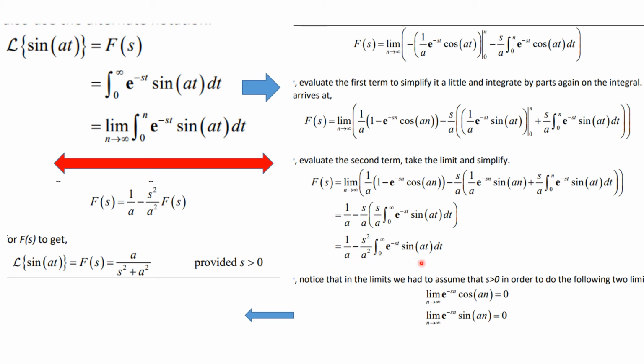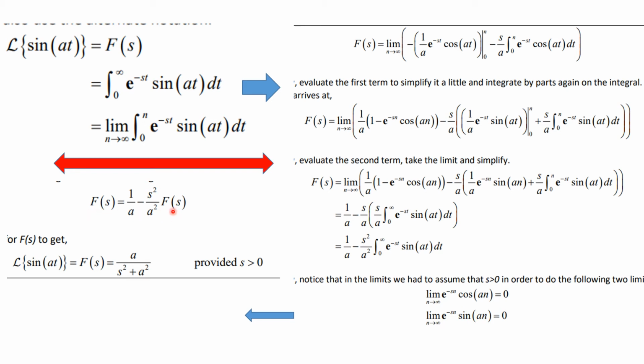So here we do some more arithmetic, and we use the fact that those were going to 0. So now we go over it this way, and we realize that f of s is equal to 1 over a minus s squared over a squared times, again, f of s. And this is a harbinger of the way that we're going to do this, because now we have to use algebra to solve for f of s.